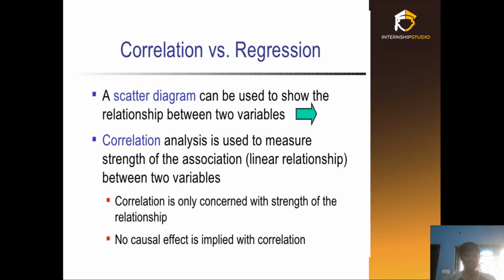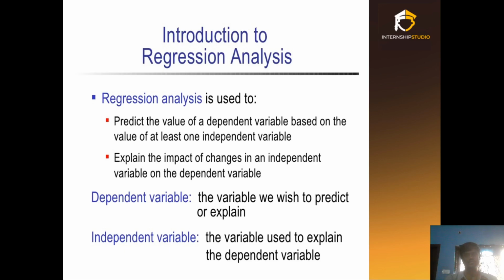That is the strength of the relationship that we are trying to see, and according to that we plot or fit a linear model, which is our linear regression. Also, there is something called the causal effect. There's a saying that correlation is not equal to causation, but we'll not go more in depth into that. We'll just try to understand correlation as of now, and with respect to the correlation itself, we are trying to do the regression analysis.